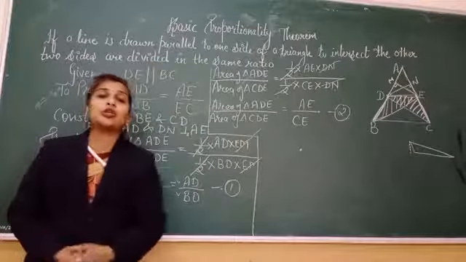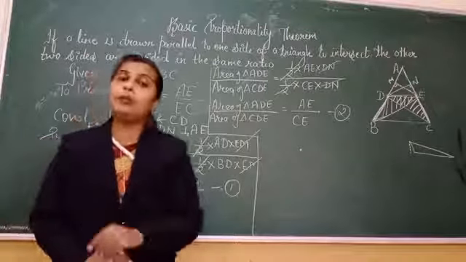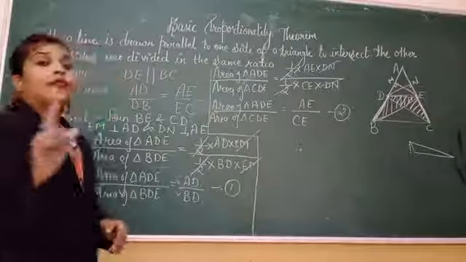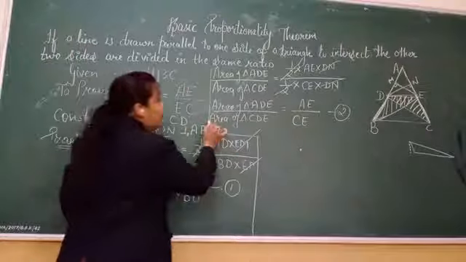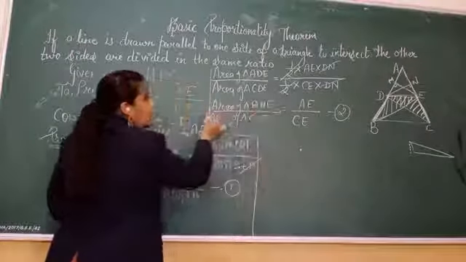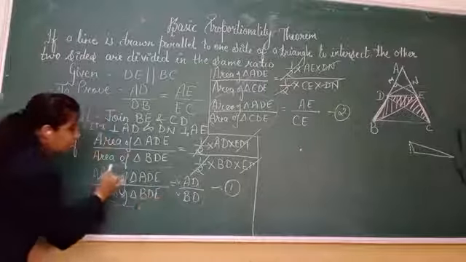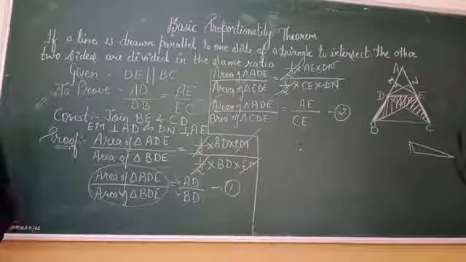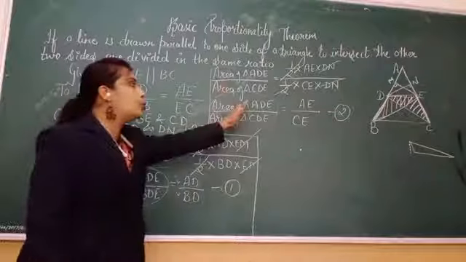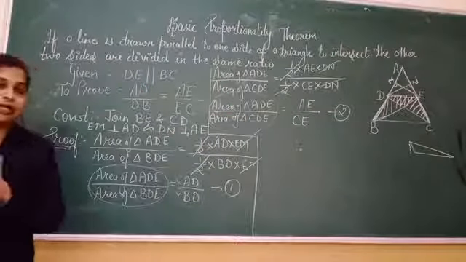So how will you make the ratios equal? For making the ratios equal, we should prove that the ratio of this area is equal to the ratio of this area.